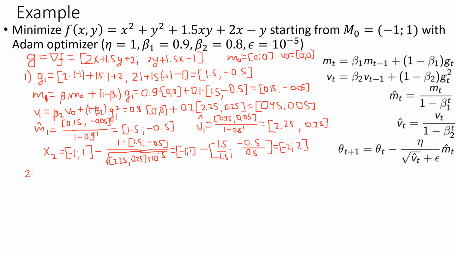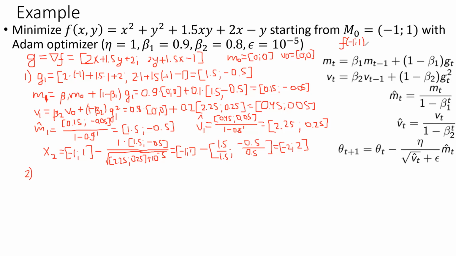Let's try to do the second iteration, and it will be our final iteration. Before we do this, let's calculate the function f. So what was the value of f at -1, 1?